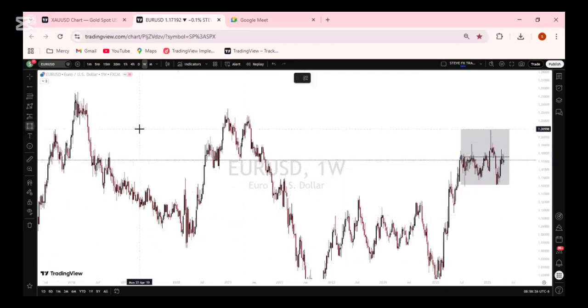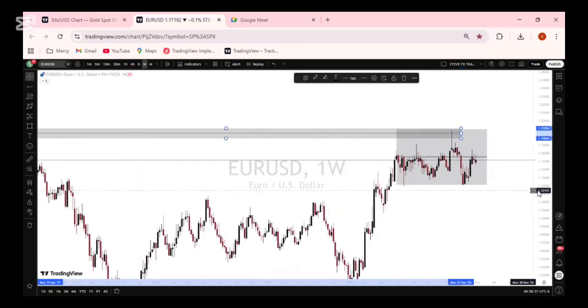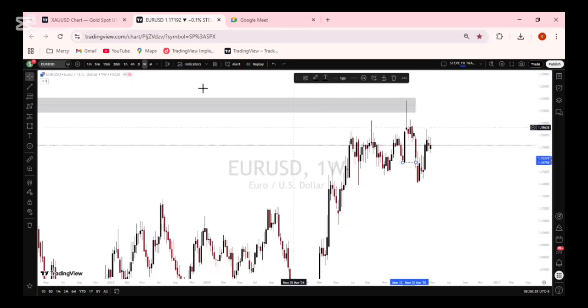If we go back a little bit, we can see the market reacting from this particular block over here. So it's a kind of supply zone. We can also see that Euro USD created a structure break around this particular point.